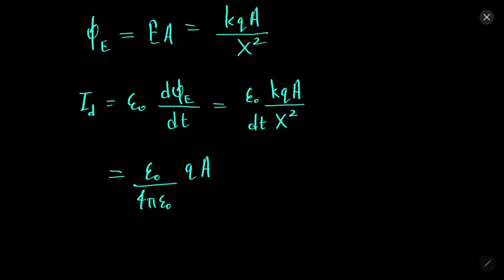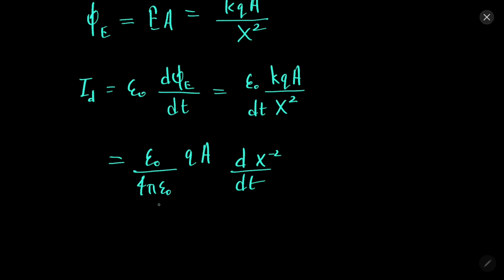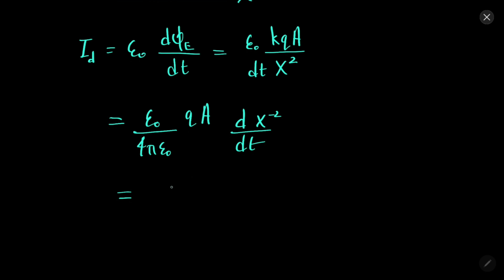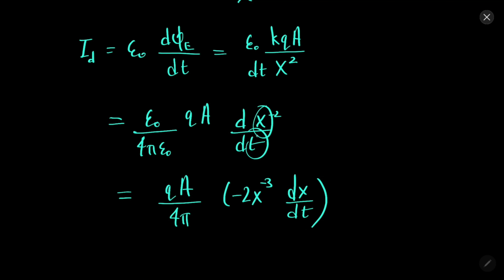So ultimately what we will have is x is changing. So we need to differentiate x with time. So we will have qa over 4 pi and this x will be minus 2x to the power minus 3 and dx by dt, because x is differentiated with respect to time.